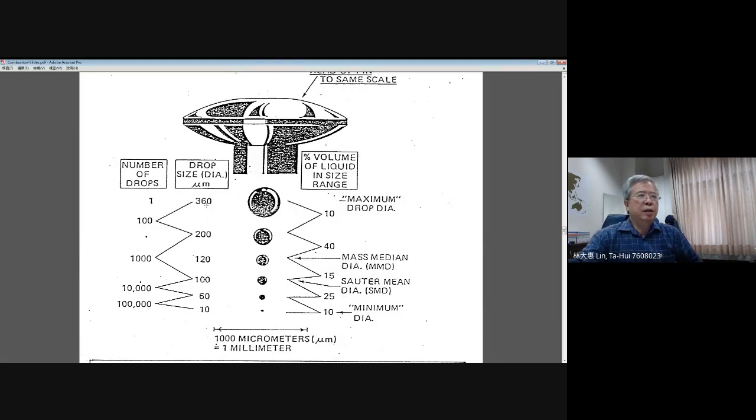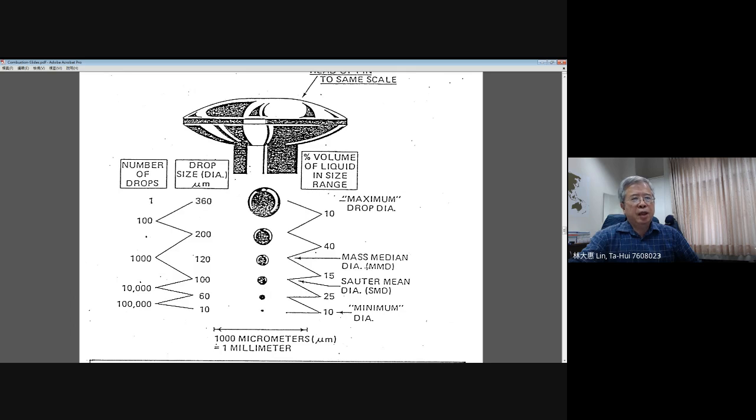By doing the averaging or integration calculations, you will find that for this set of sprays the Sauter mean diameter is around 16 or 17, somewhere here.